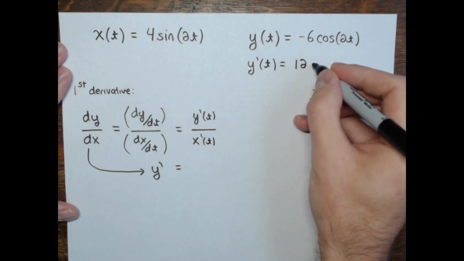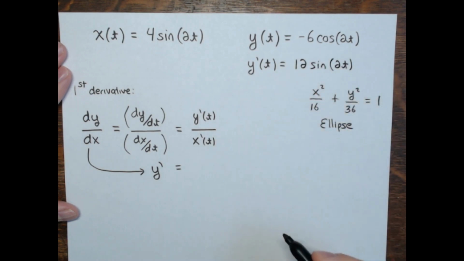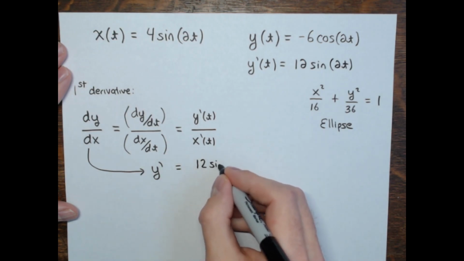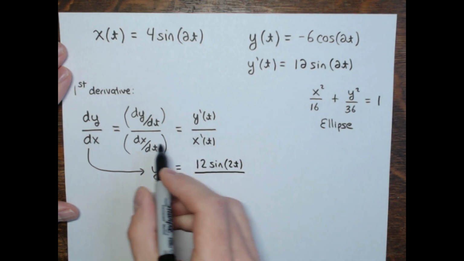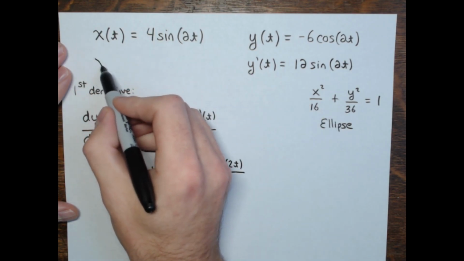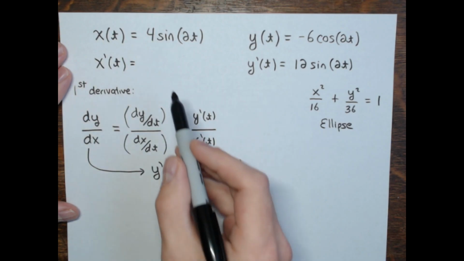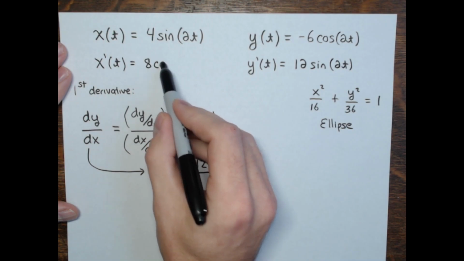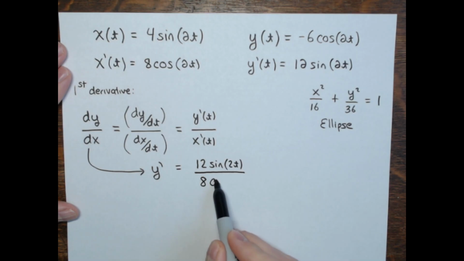That'd be 12 times the sine of 2t, using chain rule and all that. So it's 12 sine of 2t divided by dx dt, the derivative of x with respect to t, so x prime of t. Well, if x is 4 sine 2t, then x prime with respect to t is 8 cosine 2t. Put that down here, 8 cosine 2t.